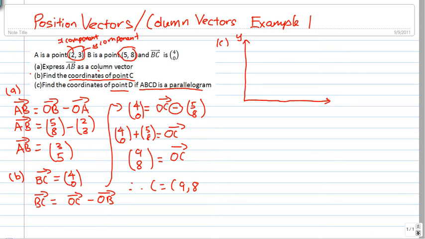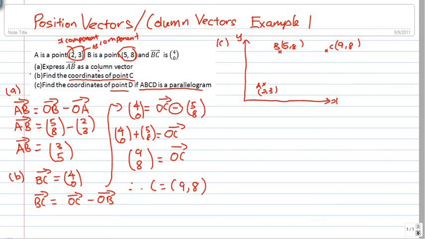This is your x-axis. Now A is right about here, and B is right about here. A is (2, 3) and B is (5, 8). And C has also been given to you. You've already calculated it in your previous question, which is (9, 8).